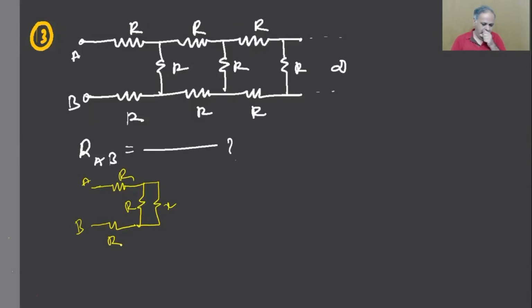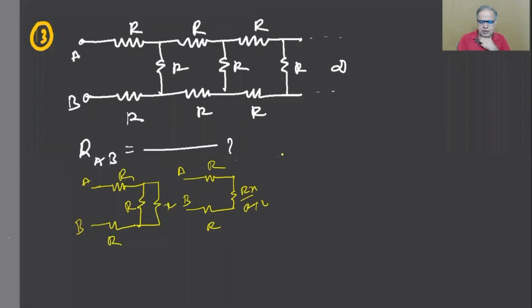Sir, is it R into root 3 plus 1? Possibly. I don't remember the answers anyway. So the next circuit will be what? R. This will be Rx by R plus X. This is R between A and B. So all of them are in series.